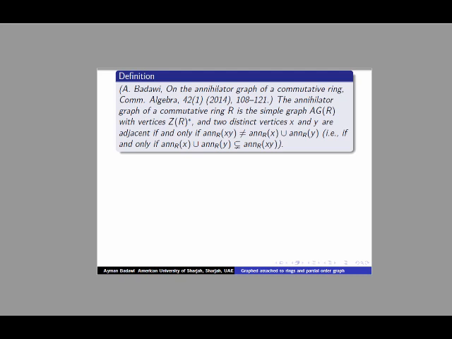When I multiply each one of them by A, I come up with 0. So if the annihilator of xy is not equal to the annihilator of x union annihilator of y, then we connect. Okay? All right.